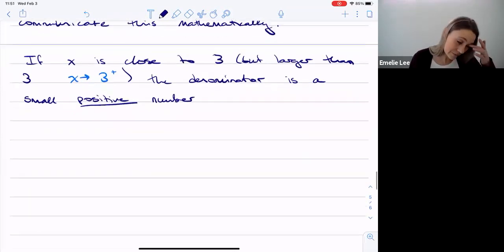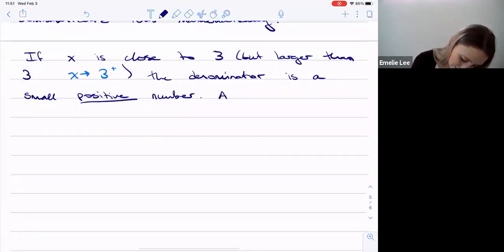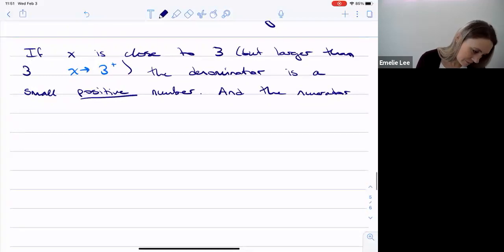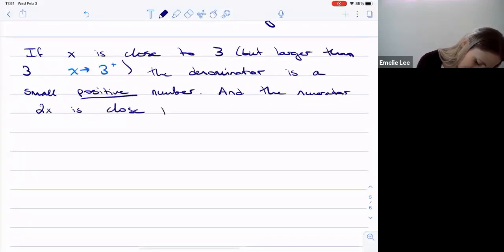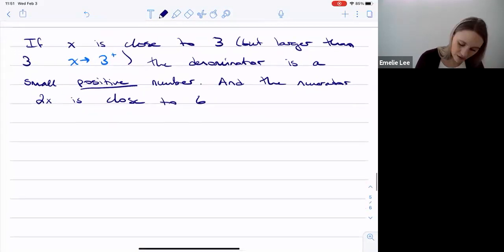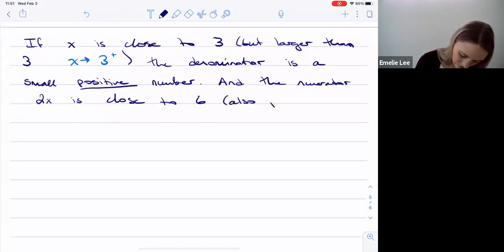And the numerator, 2x, with x close to 3, is close to 6, also positive.